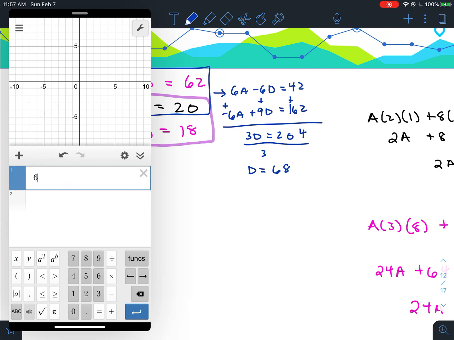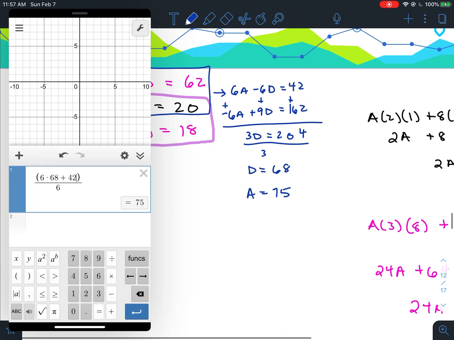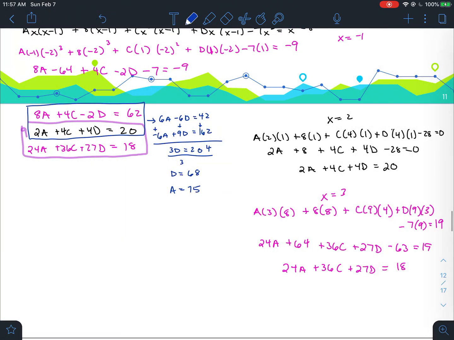So I would have 6 times 68, and then I would add that to 42, and then divide that by 6. Oops, I got to add it to 42. And I get a is 75.